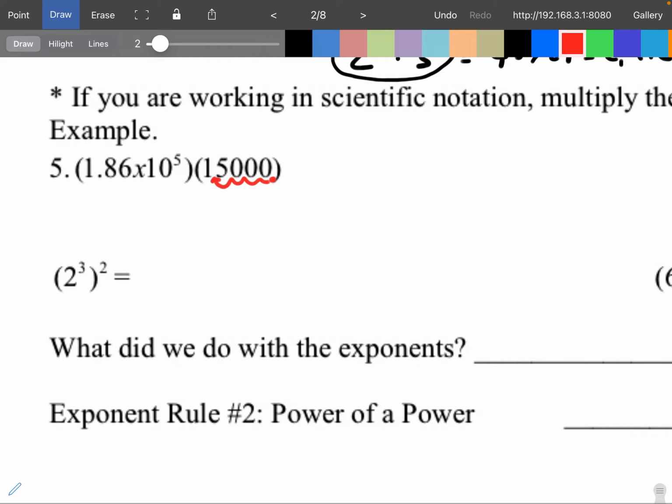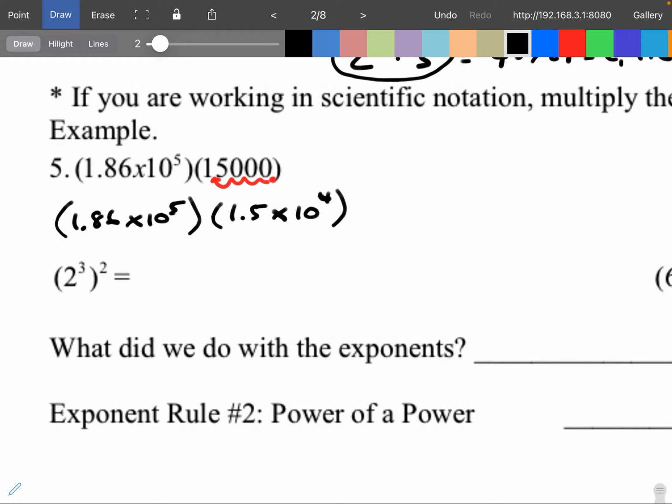So that's going to make this problem 1.86 times 10 to the 5th times, that second number is actually going to be 1.5 times 10 to the what? How many spots did I move it? 4. That's 1.5 times 10 to the 4th.